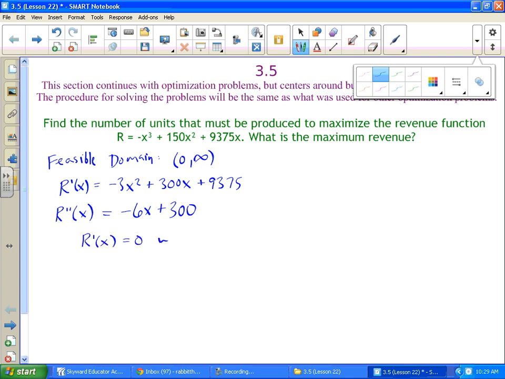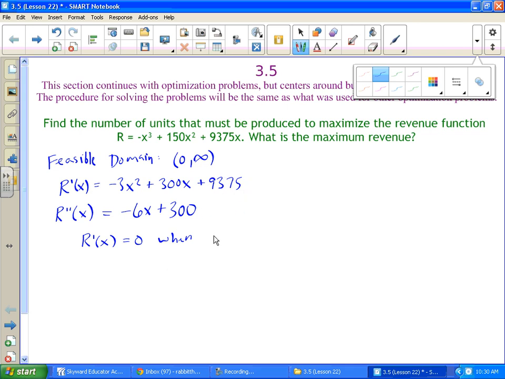So the first derivative is 0 when, does a 3 come out of everything? How can you tell with big numbers if a 3 comes out of it? If you add the digits together and the sum is divisible by 3. So 9 plus 3 plus 7 plus 5, is that divisible by 3?